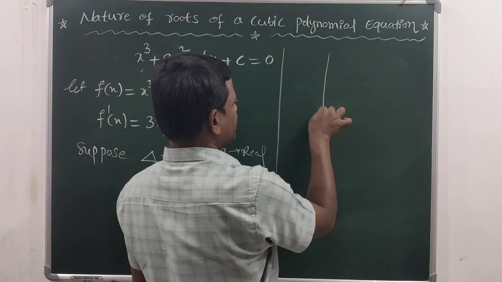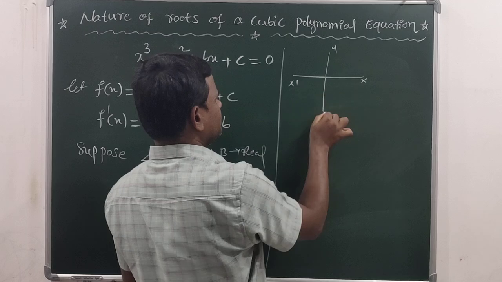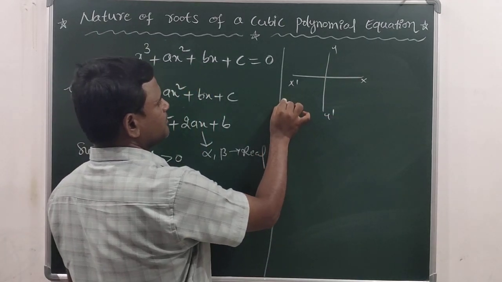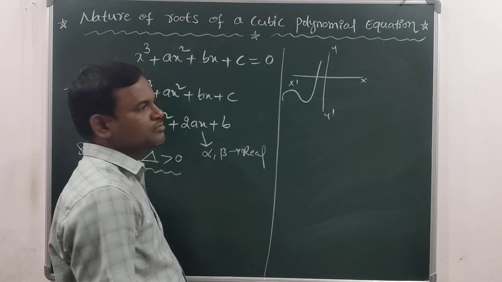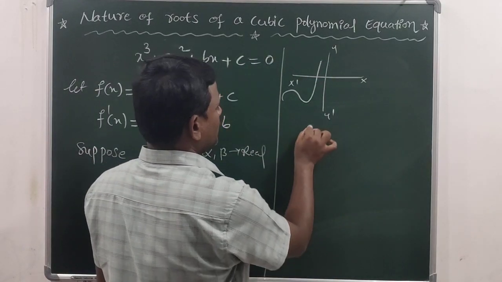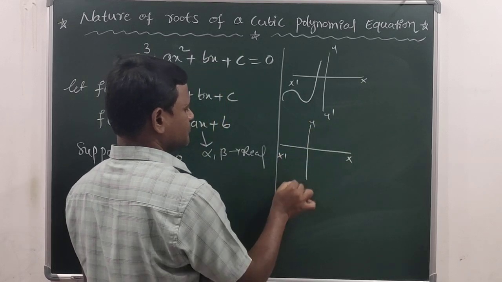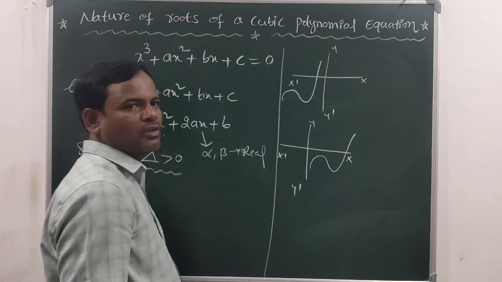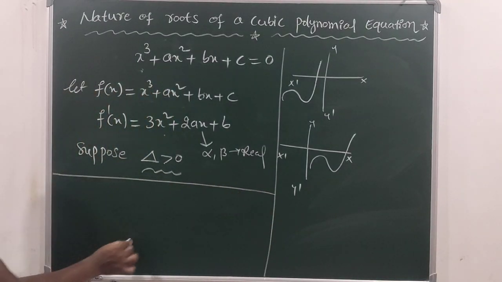See here, this is the x-axis. Your graph may be like this. Otherwise, your graph may be like this. Otherwise, your graph may be like this.